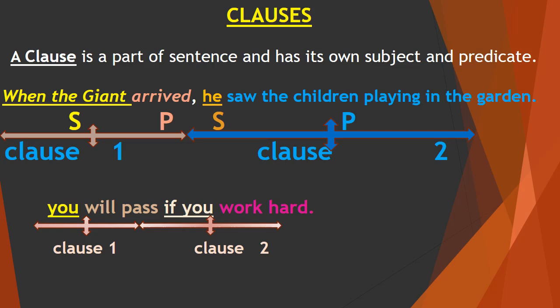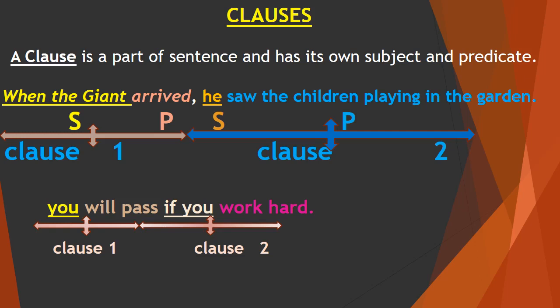We can see both have their own subjects and predicates. But clause 1 doesn't give complete information. When the giant arrived, then what? What happened? Clause 2 is conveying the complete information. He saw the children playing in the garden.